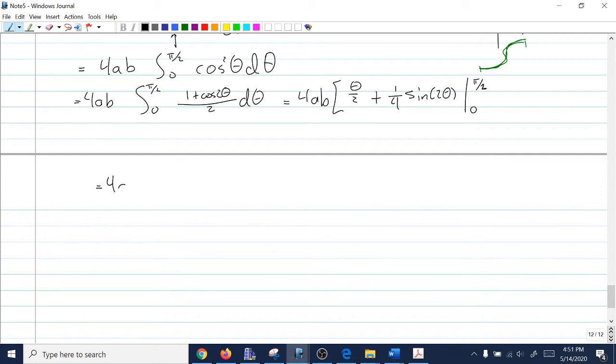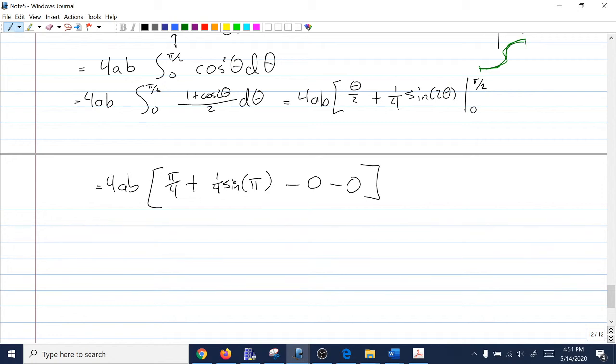I got 4ab, plug in pi over 2, this is pi over 4, plus, plug in pi over 2, 1/4 sine of 2 times pi over 2, which is pi, minus plug in 0, you get 0.